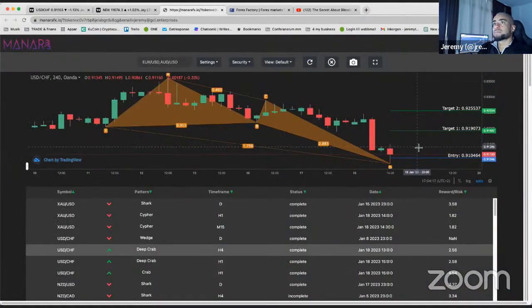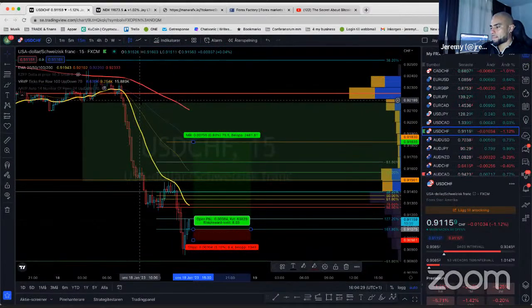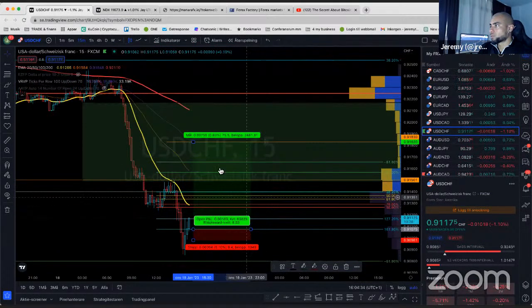You guys see, this trade is moving. Manar has placed the first take profit at 91.9, which is up here. Yeah, that's basically at our major take profit. Man, this trade is moving.